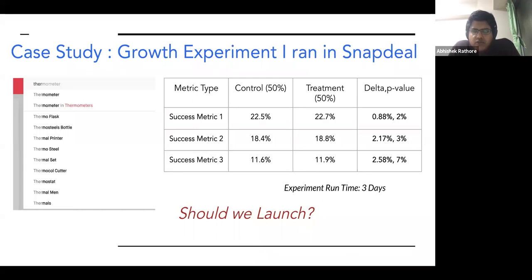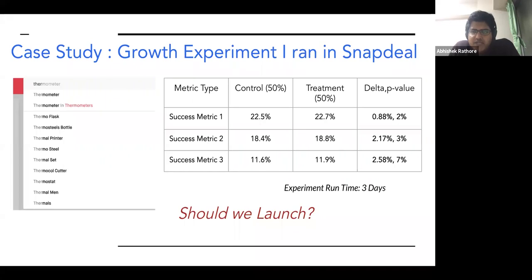So I introduce this concept of p-value, which is what indicates significance levels, and I tell you these values of the p-value, and delta is something which indicates what was the change in these metrics. So I tell you that there was this much change with a p-value of 2%, 3%, and 7%. And as we had studied earlier, we use the significance level of 5%.